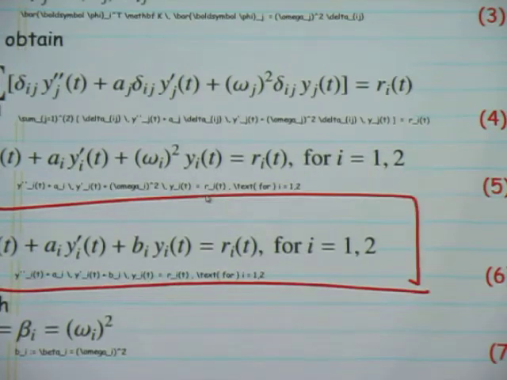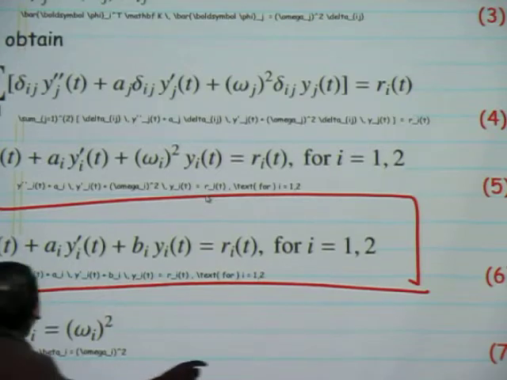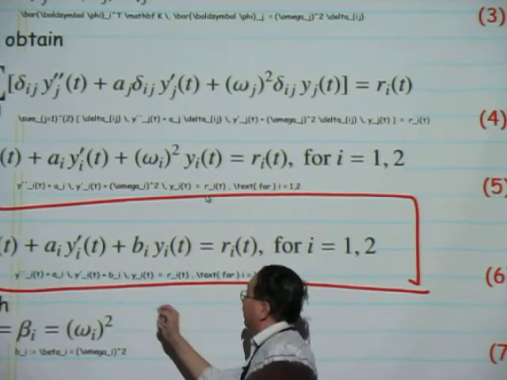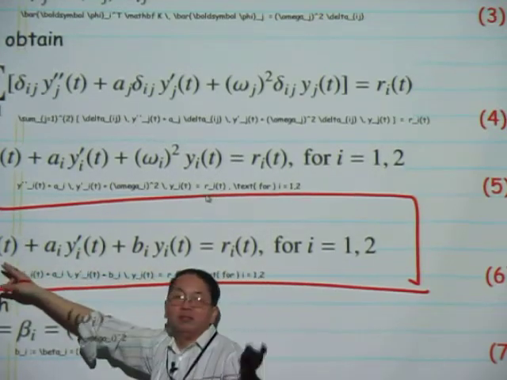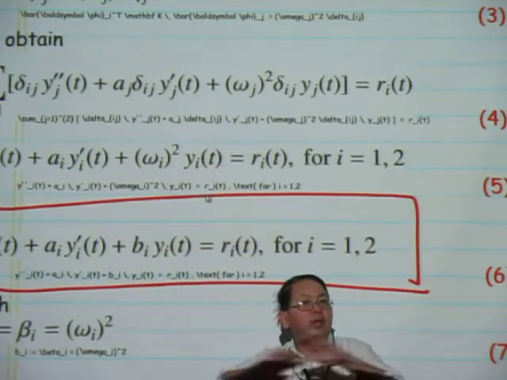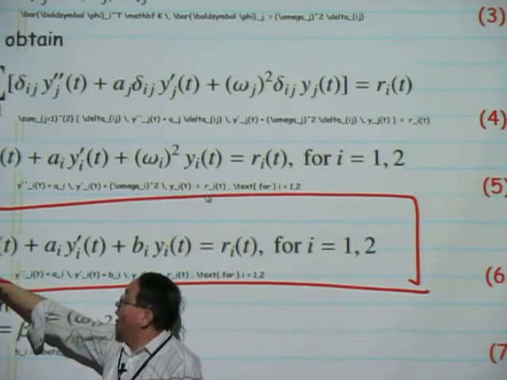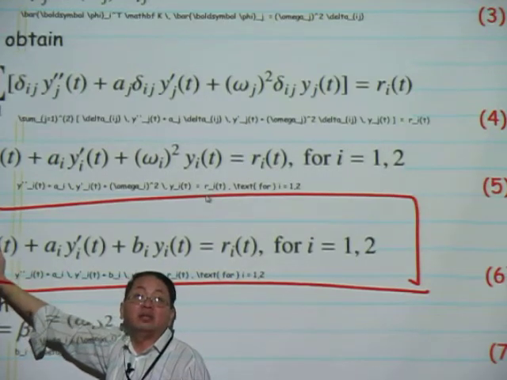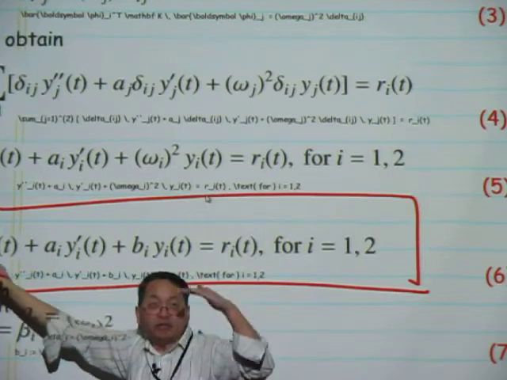These are two linear second order differential equations, right? i equal to 1 or 2, and in one equation you have only either y1 or y2. Okay. So there's no coupling here. So it's completely uncoupled. And keep in mind the coefficient of the acceleration is 1 for each of the modal equations.